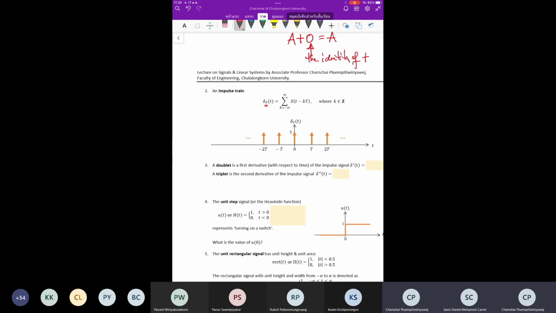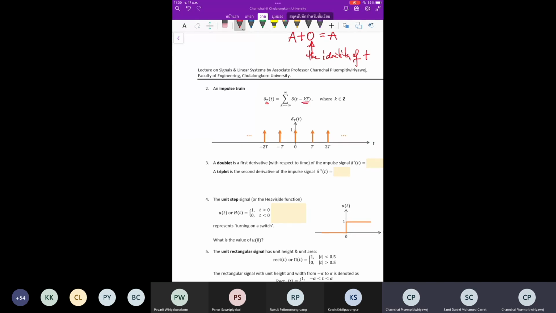This one is just summing, right? We sum delta t. It's delta t plus delta t plus T plus delta t plus 2 capital T, and so on.